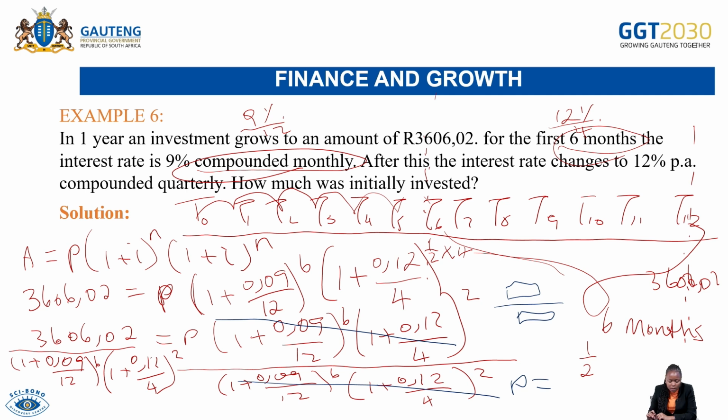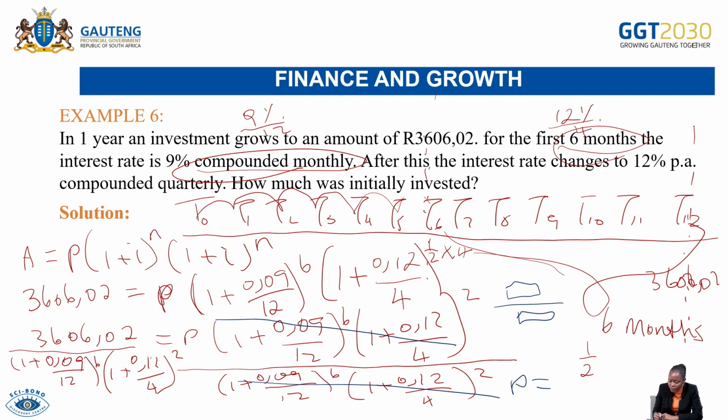3,606.02 cents. It's all over. You open a bracket, you substitute 1 plus 0.09. It's all over the 12. You close the brackets. Then as an exponent, you'll substitute the 6. You open a bracket, it's 1 plus the 0.12. It's all over the 4. You close the brackets to the exponent 2.